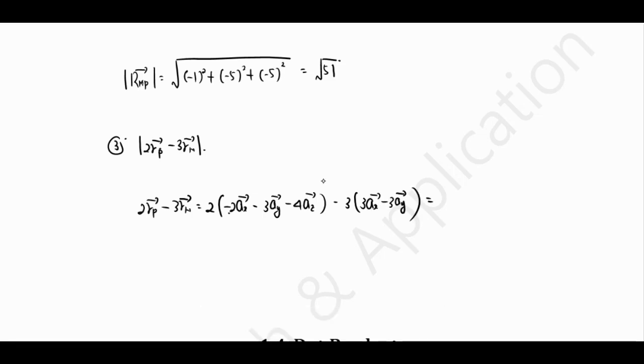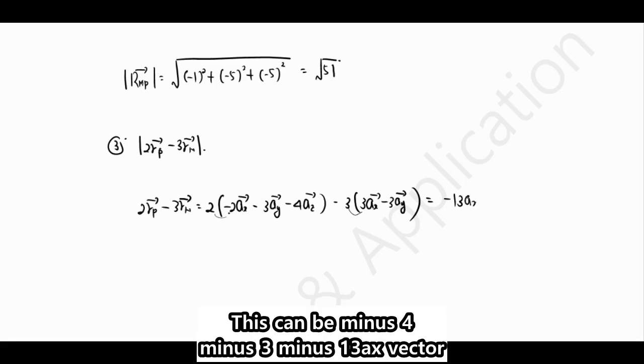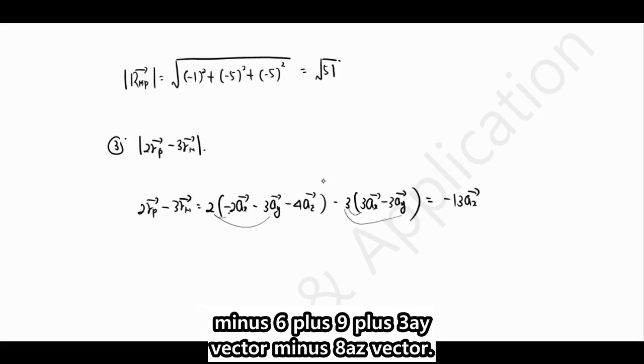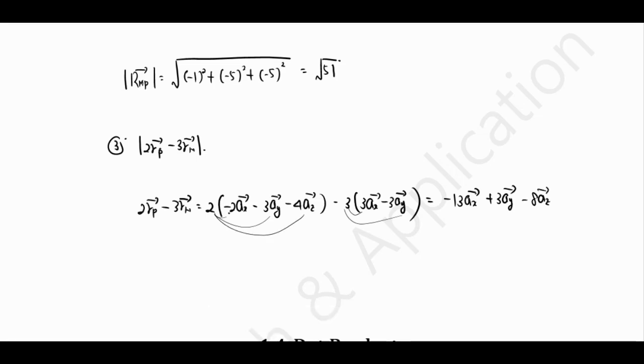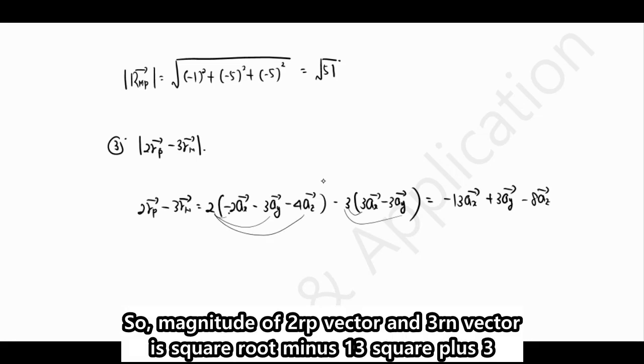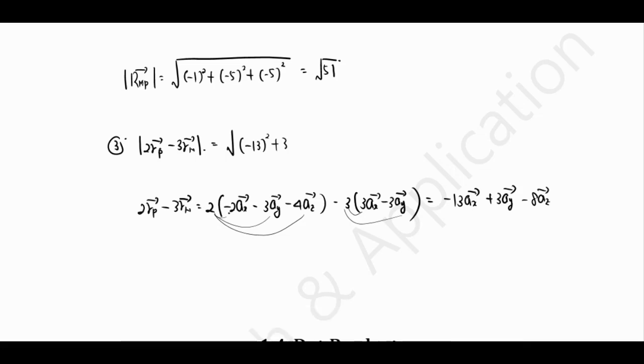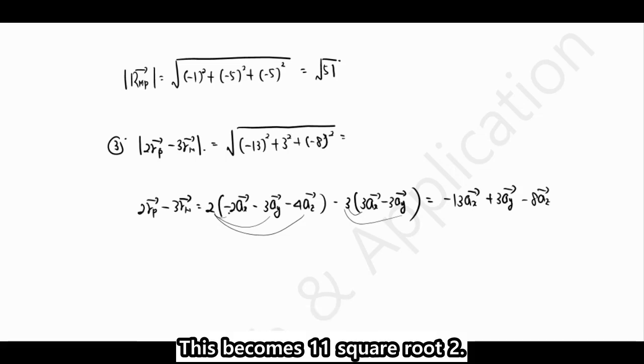So the magnitude of 2Rp vector minus 3Rn vector is the square root of minus 13 squared plus 3 squared plus minus 8 squared. This becomes 11 square root 2.